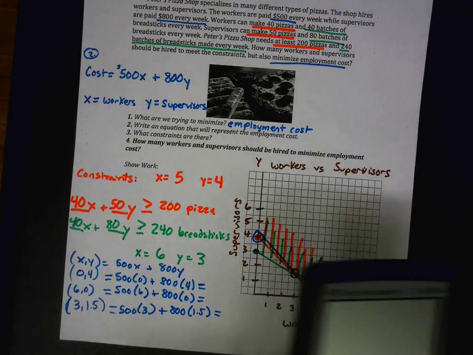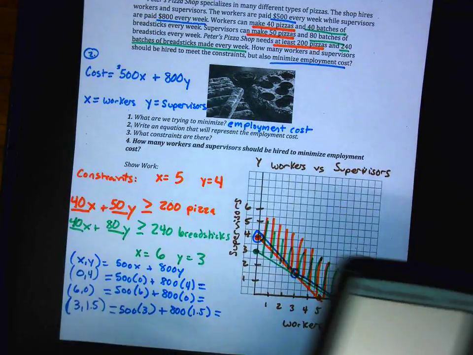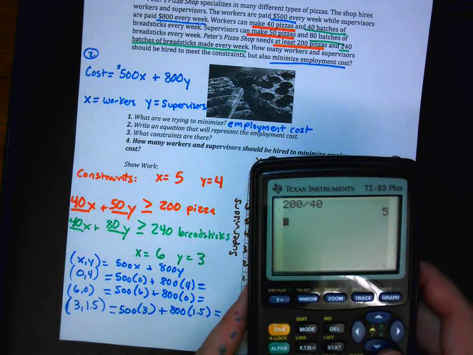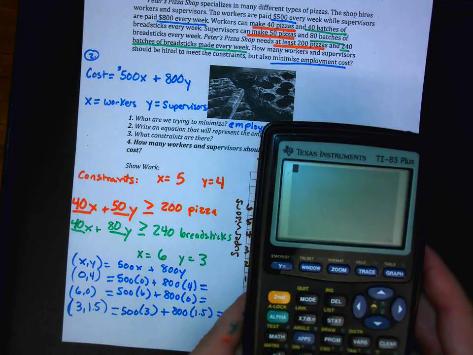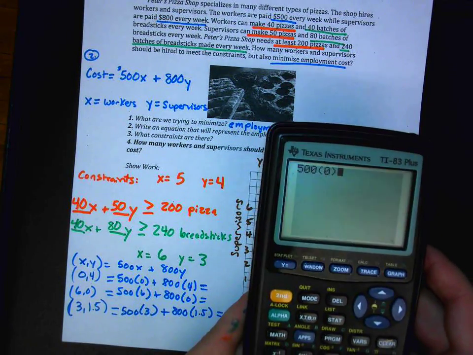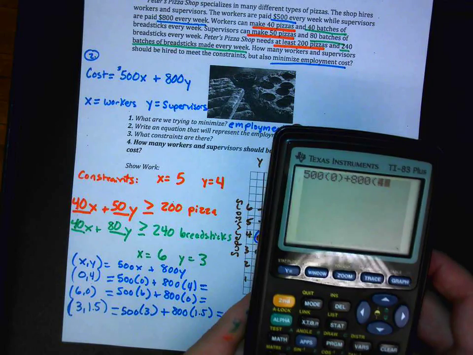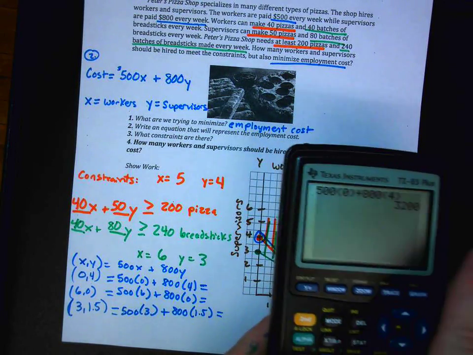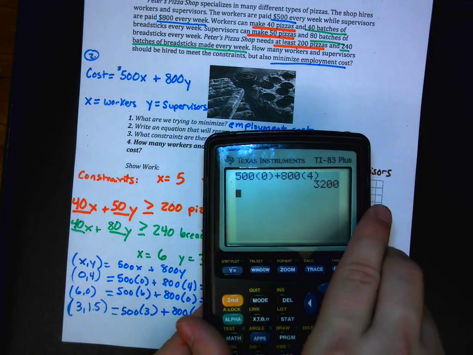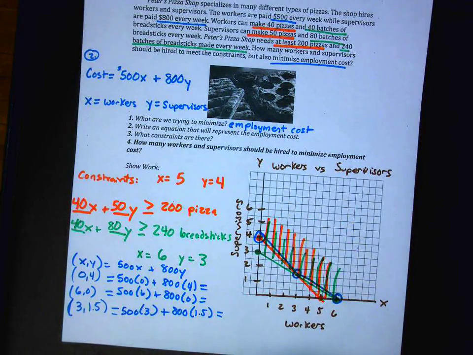I could go in and type this in my calculator. For the first one, I could literally just type in 500 parentheses 0, which I know is going to be 0, plus 800 parentheses 4. That means that the employment cost for this one is going to be $3,200.